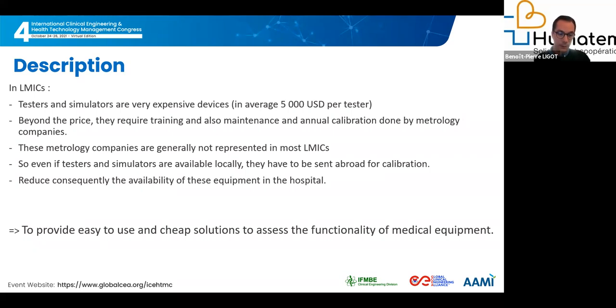For this reason, it appears very important to provide biomedical professionals with easy to use and cheap alternatives, so as to allow them to assess as precisely as possible the functionality of the medical devices in order to identify the malfunctions that could lead to a wrong diagnosis or treatment.